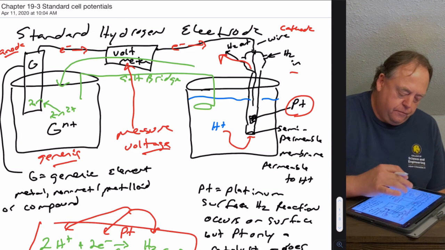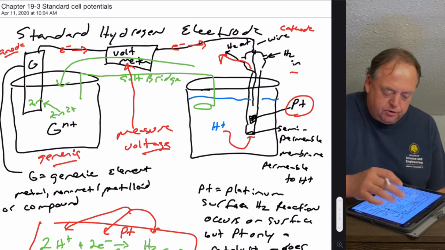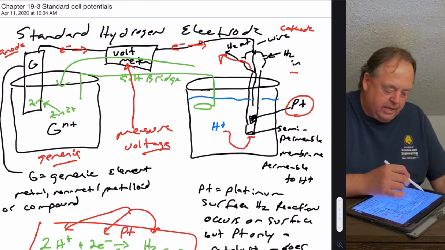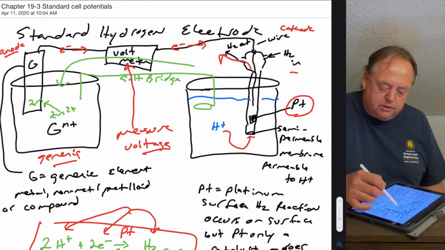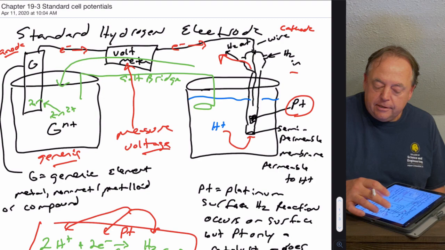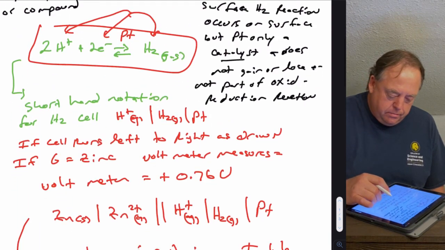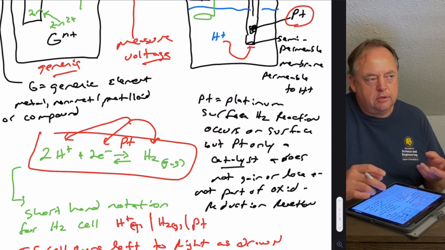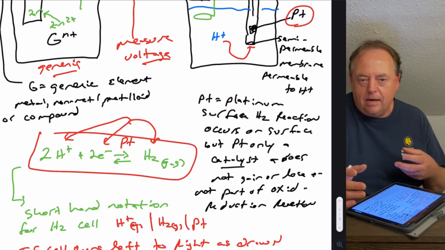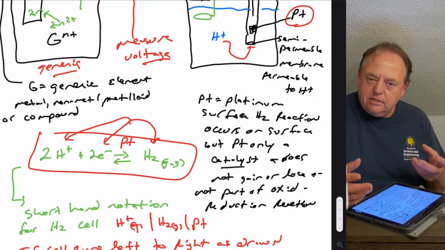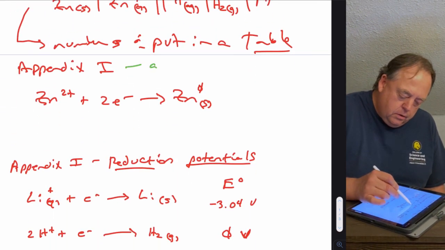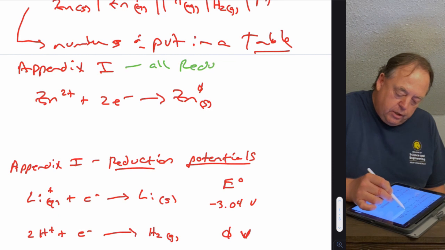But if this cell is set up such that zinc is the anode and gives away electrons to make hydrogen gas, then zinc is going to zinc 2+, so zinc is losing electrons and being oxidized. That would be an oxidation potential. But Appendix I is all reduction potentials.